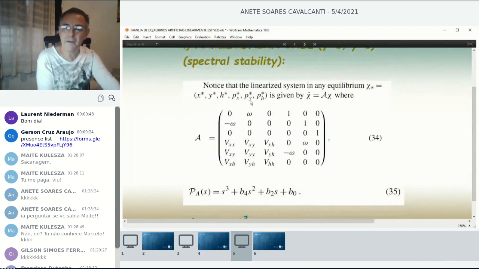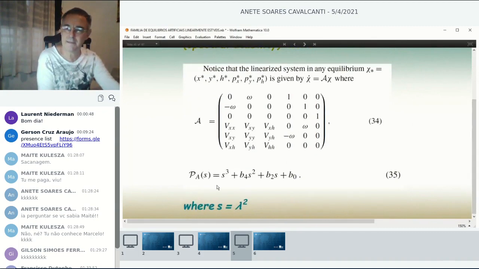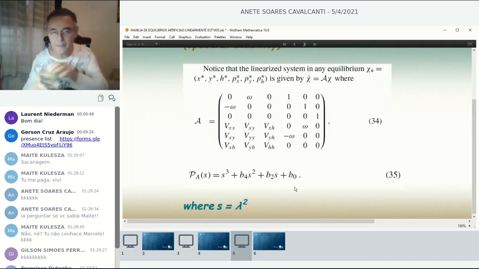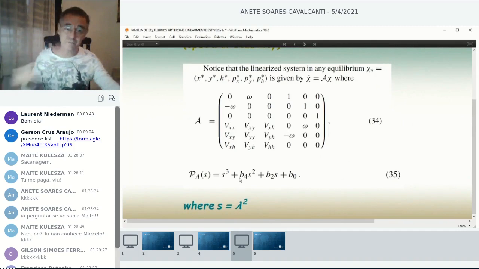So we linearize the system around the equilibrium, and the linearized system is given by this matrix. And so the characteristic polynomial of this matrix is a cubic polynomial.